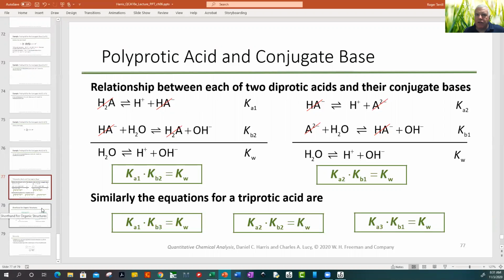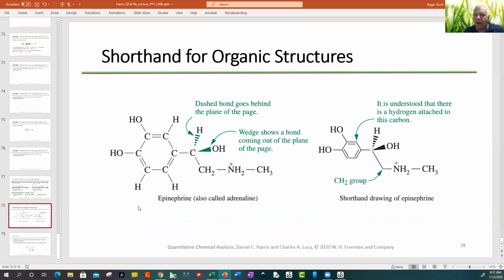Now, for some reason, Harris likes to take a little segue here and talk a teensy bit about stereochemistry and the way that you write organic molecules. I know 99.9% of you have had organic chemistry and this is a total review, but it can't hurt. This is epinephrine, or adrenaline.